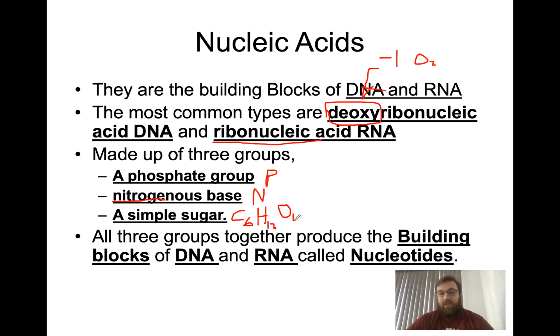Now it's not always C6H12O6, but it is a simple sugar, and the simple sugar we know is glucose, which is this one here. They all make up a nucleic acid, whether it be DNA or RNA, but the base becomes a major difference.